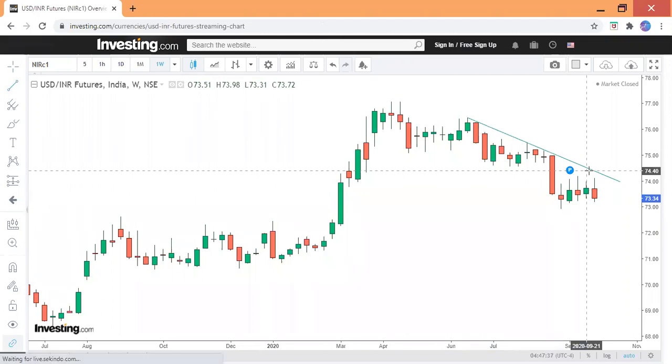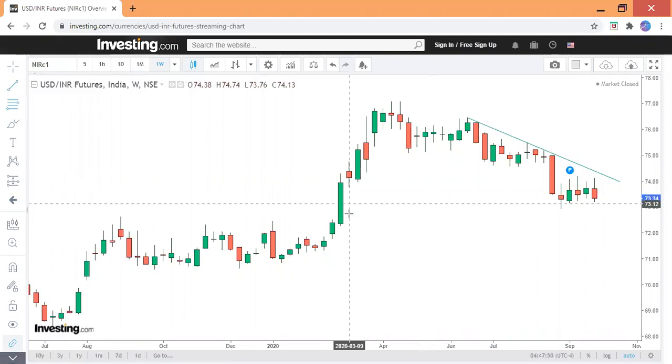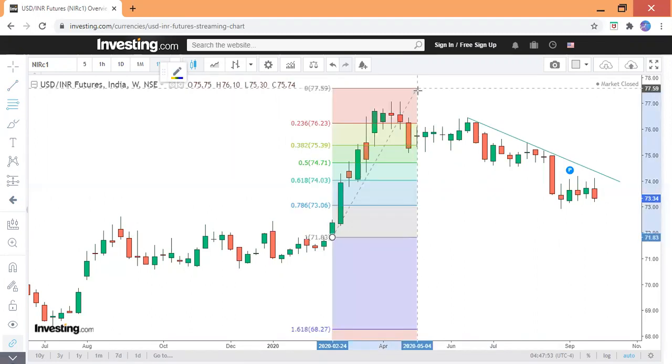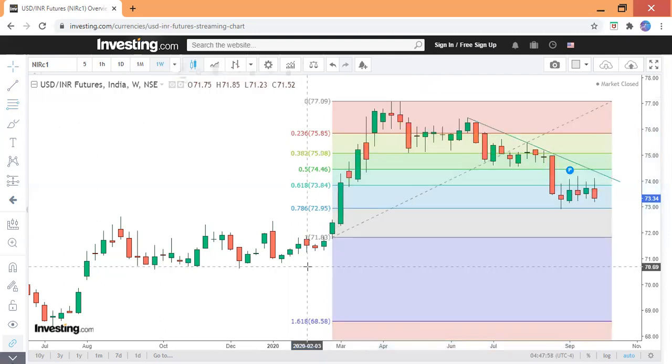One more thing I have added in the video, on the basis of Fibonacci retracement, if I add the Fibonacci levels here, Fibonacci is taken from the candle where the breakout has been seen on the weekly basis.